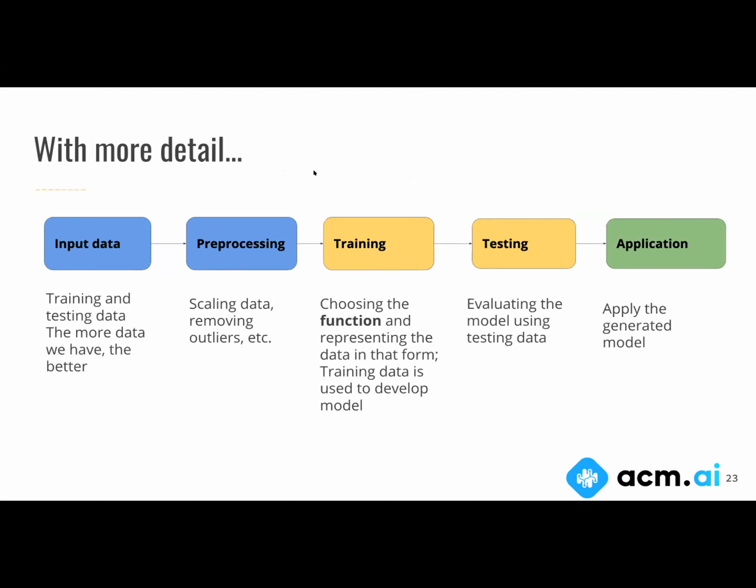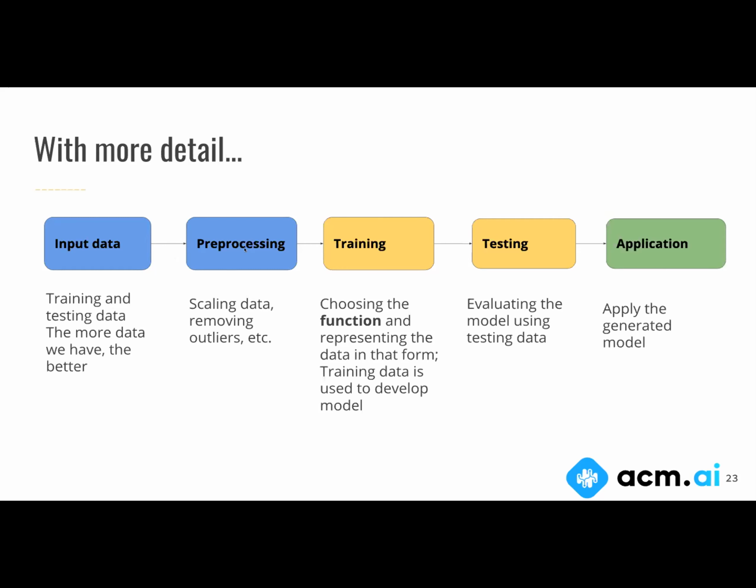All right, let's go into the pipeline in more detail. The first stage of the pipeline can be subdivided further into input data and pre-processing. Input data can be divided into training and testing data. Note that these are two different data sets, and we'll get to them again later. In general, the more data we have, the better.